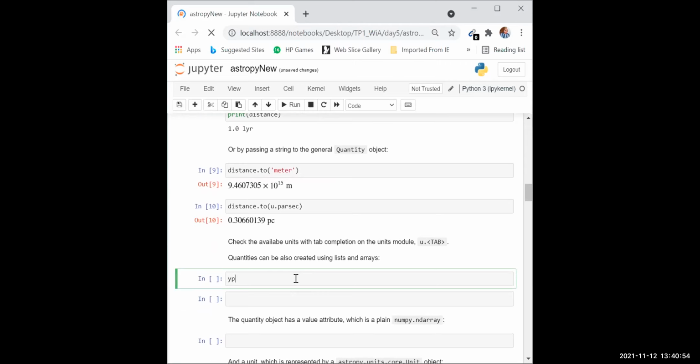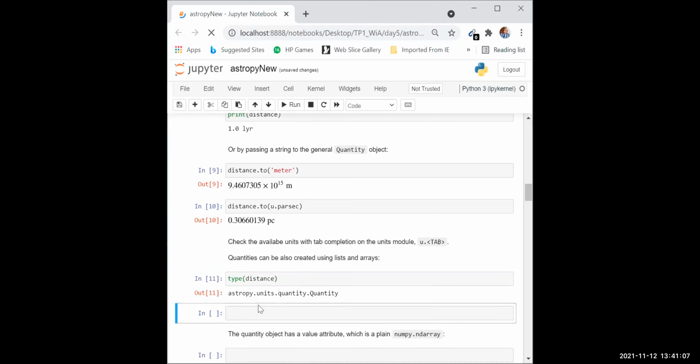Okay, so this is the way you can convert these, and then you can find out the type. If you want to find out what is the type of this distance, yeah, something which we have used, and it is showing that it's Astropy units, quantities.